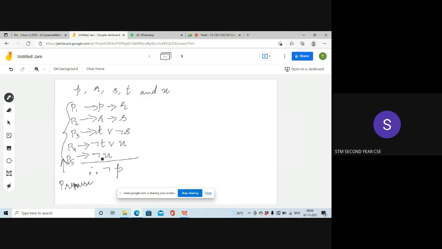So in our proof, we refer to each of these arguments as premises. The conjunction of all these premises, P1 and P2 and P3 and P4 and P5, implies this conclusion C. The one written below the line is our conclusion.